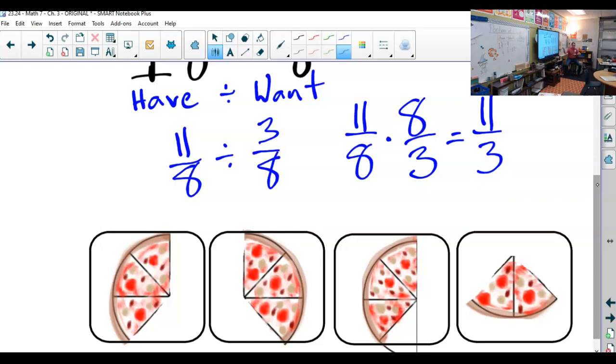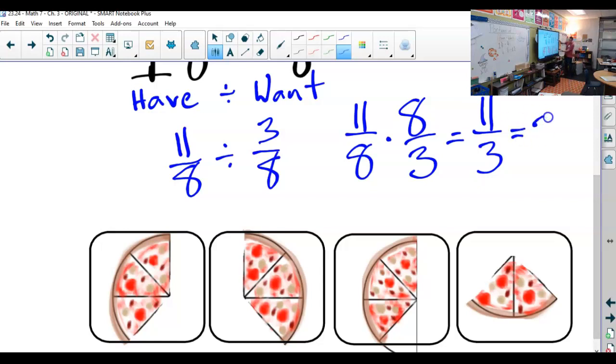We do it. And that's why our answer becomes 3 and what?